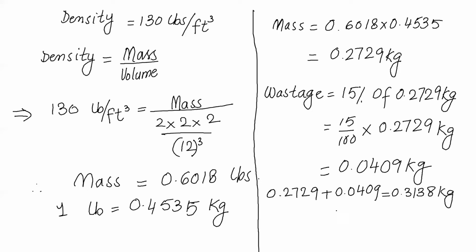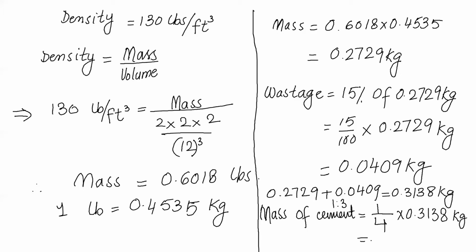So this is total. And now we have to take the mass of cement. Mass of cement is equal to what? Obviously, we have a proportion here of 1:3, so we add 1 plus 3, which is 4. So 1/4 multiplied by 0.3138 kg. The answer comes out to be 0.07845 kg.